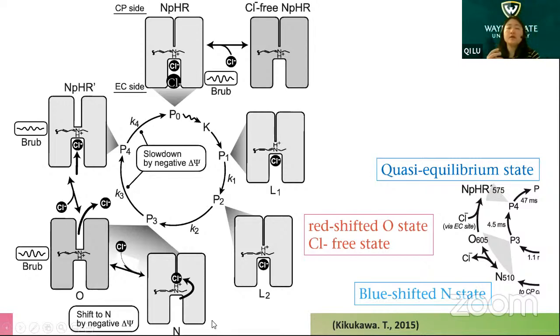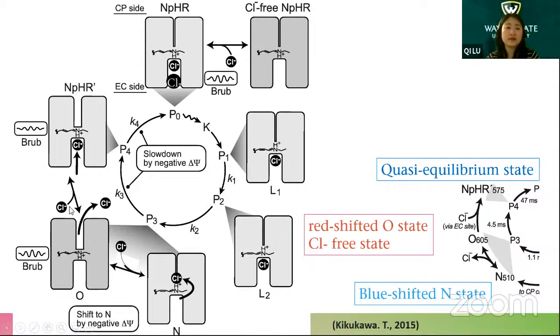So this experimental approach can discover the detailed steps: first is the N state, then the O state, and there's a translocation of the chloride from the N state to the O state.